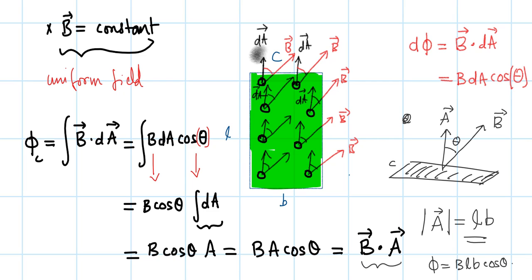You need to know B, the value of the uniform magnetic field, the length and breadth, which are the dimensions of the loop, as well as the orientation of the magnetic field vector B with respect to the area vector A, which is incorporated by the angle theta in cos theta.